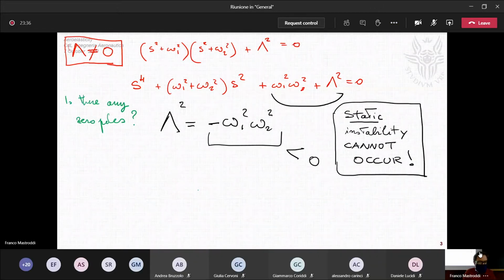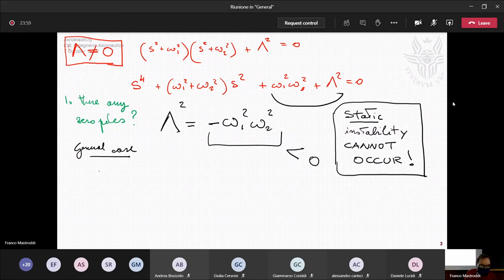How? Okay, so we want to solve this equation, and we can't in the general case, we have to find the solution, but in particular, this is a biquadratic equation, as you can see.